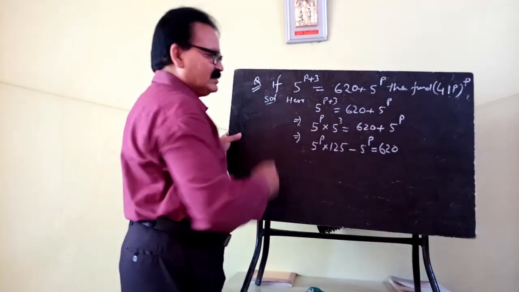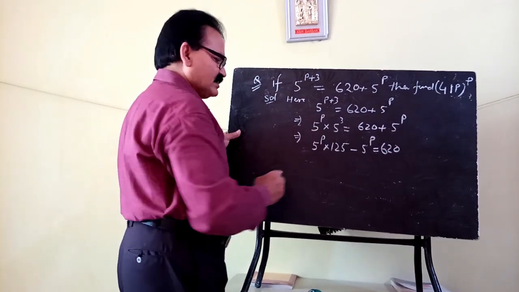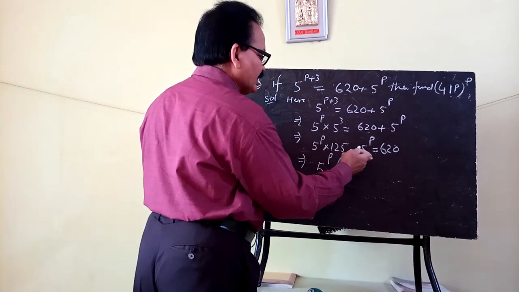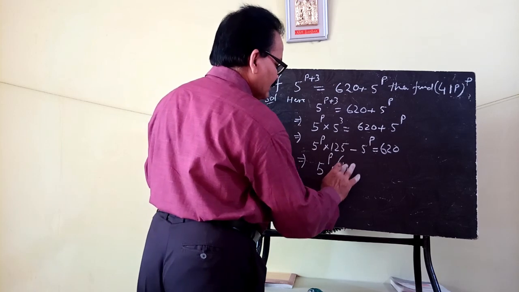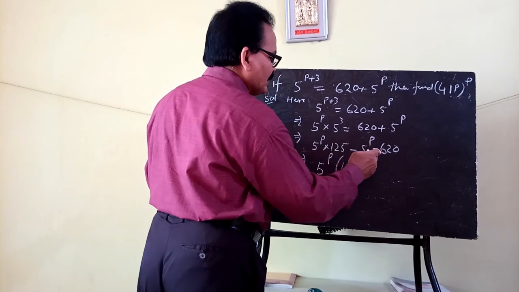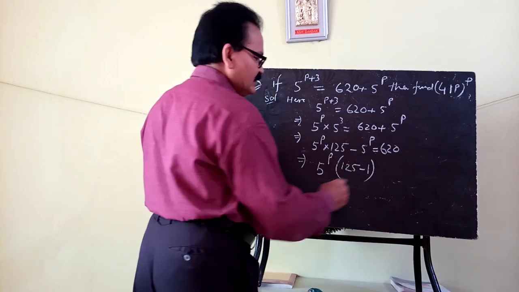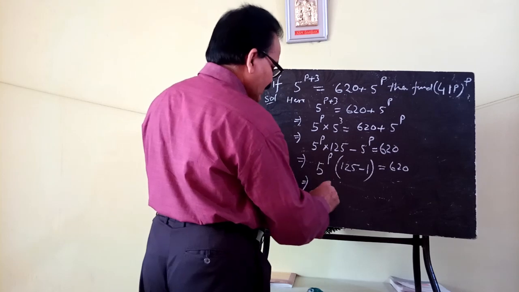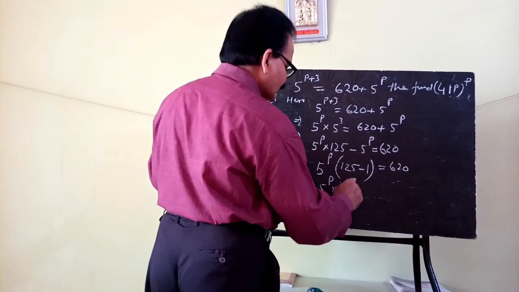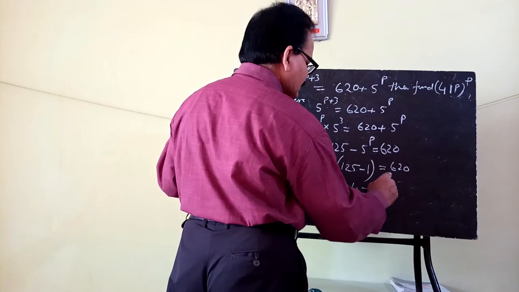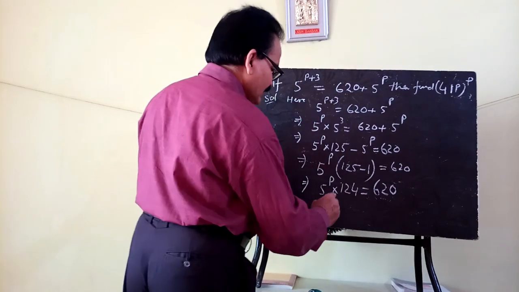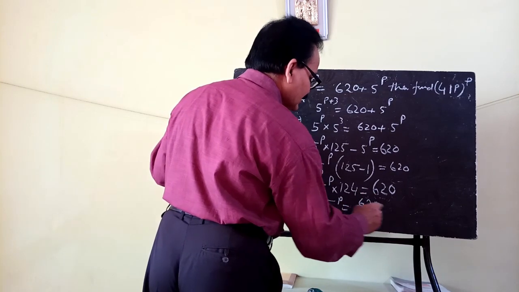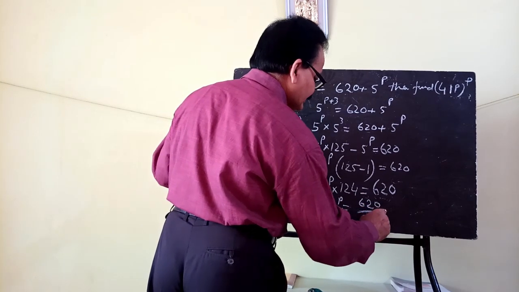What you have done, you take 5 to the power p to your left side. Now you take common 5 to the power p. When you take common 5 to the power p, in the bracket it will be 125 and here only 1 will be left. Then in the right side it is 620. So 5 to the power p into 124 equals 620. Now 5 to the power p equals 620 divided by 124.